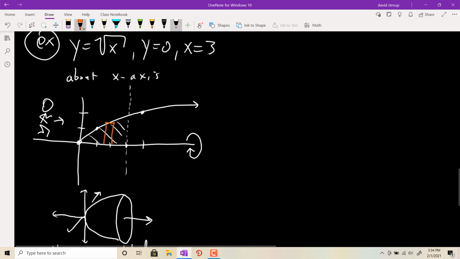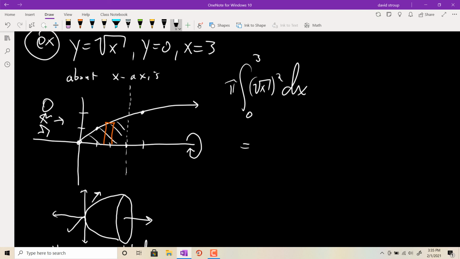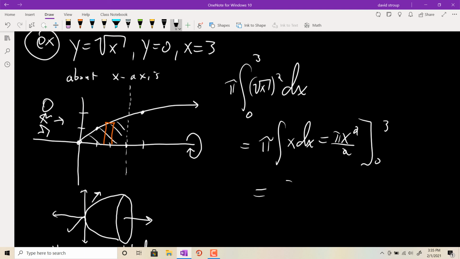So our formula then is pi times the radius squared, so square root of x squared, dx, going from 0 to 3, picking up all those disks. So we'll end up with pi times the integral of x dx, and then just integrate: pi x squared over 2 from 0 to 3. We're going to get 9/2 pi when all is said and done for the volume.